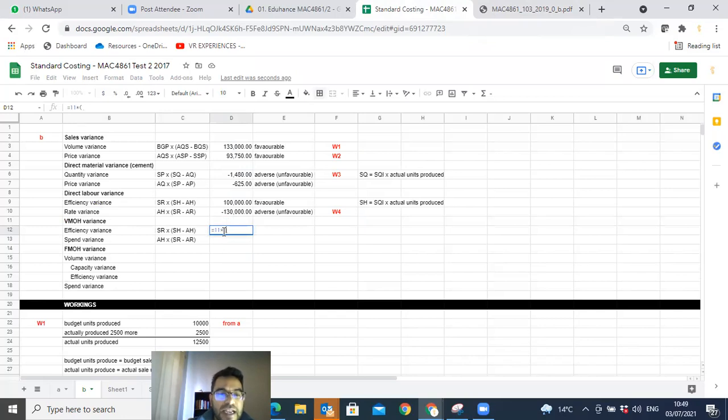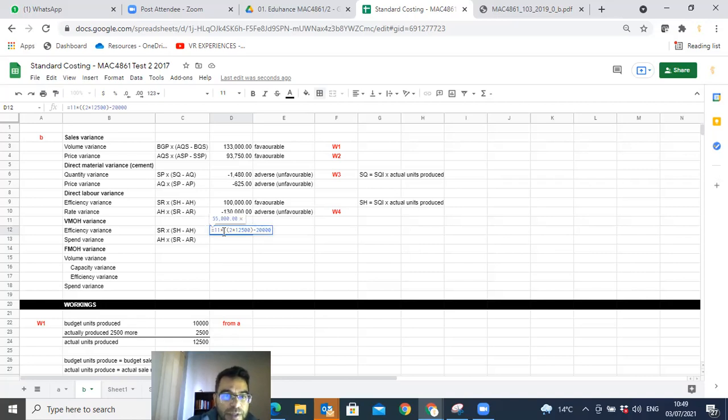Remember, the standard hours will be quantity of input times units produced, which is 2 hours of quantity input times actual units, 12,500, minus actual hours, which is 20,000.